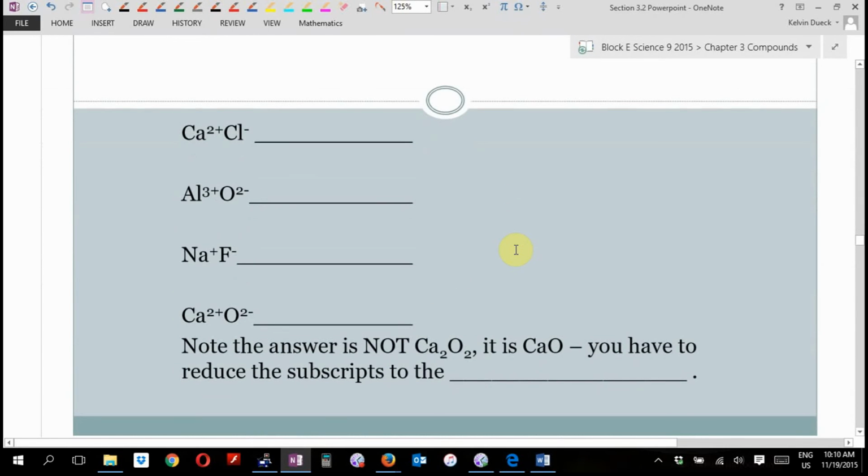What would the chemical formula be for calcium chloride? Drew? Yep. Try the next 3 on your own. I'll do them up here, and then if you can look up when you're done and see if you got it. I left you 3 to do there.